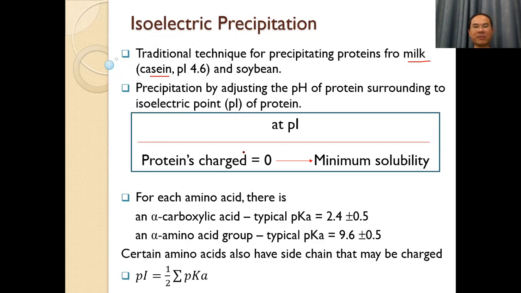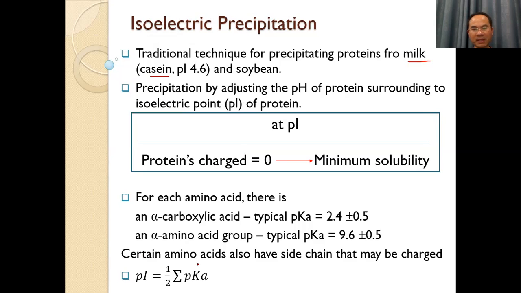For example, if you would like to precipitate amino acids: the alpha carboxylic acid typically has pKa 2.4, plus or minus 0.5, and the alpha amino group typically has pKa around 9.6, plus or minus 0.5. Certain amino acids also have side chains that may be charged.